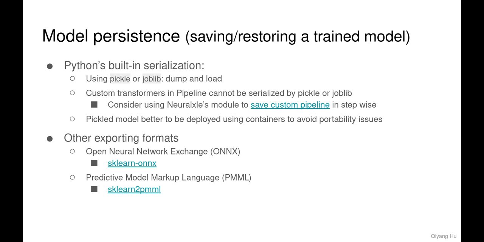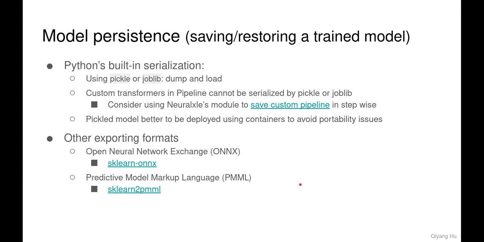There are other solutions for the model persistency problem. That is, we can export our model into some common format. I listed two solutions here. One is ONNX, the Open Neural Network Exchange format. ONNX is a binary serialization of the model. It has been developed to improve the usability of the interoperable representation of data models.